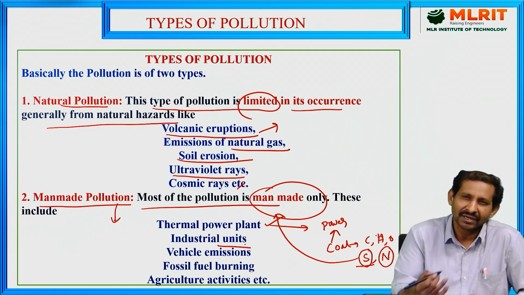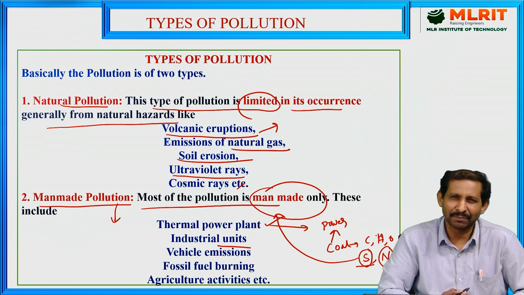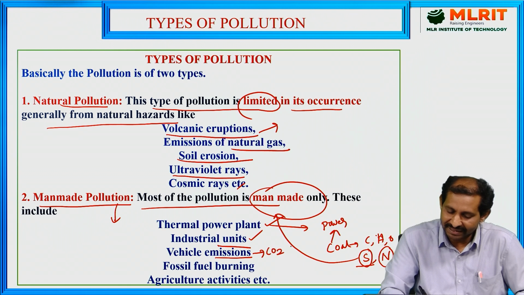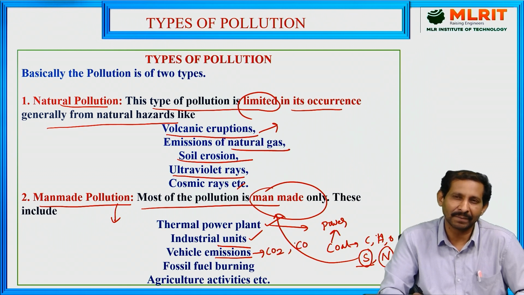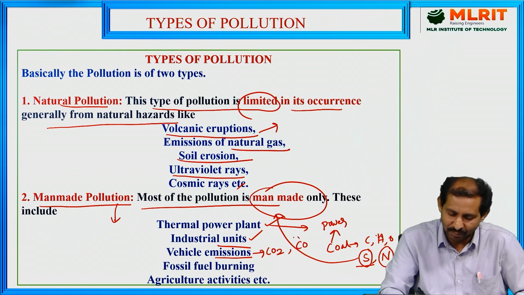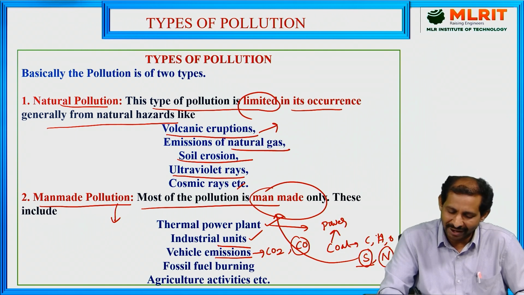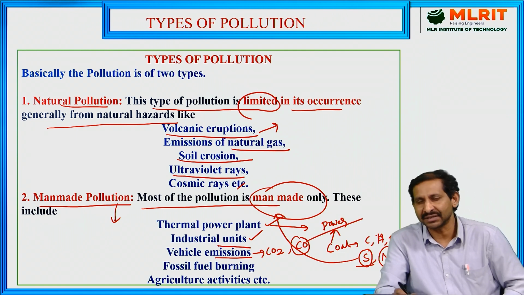Industrial units: nowadays a lot of air pollution comes from industries, which release chemicals. Vehicle emissions: during combustion, vehicles mostly release carbon dioxide, and sometimes, from incomplete combustion, carbon monoxide. Carbon monoxide is a very poisonous gas with a high affinity to the iron present in blood.